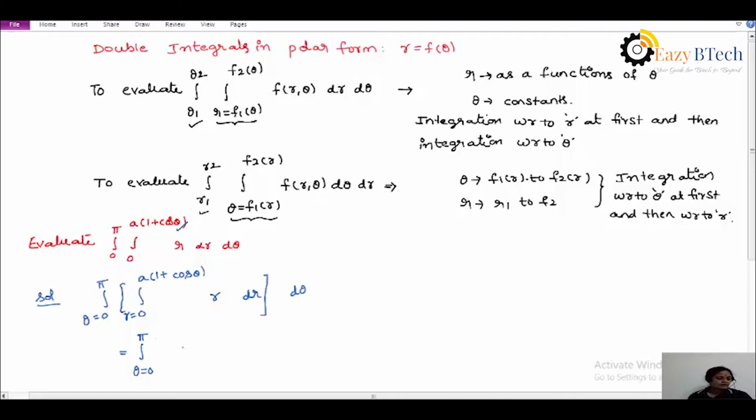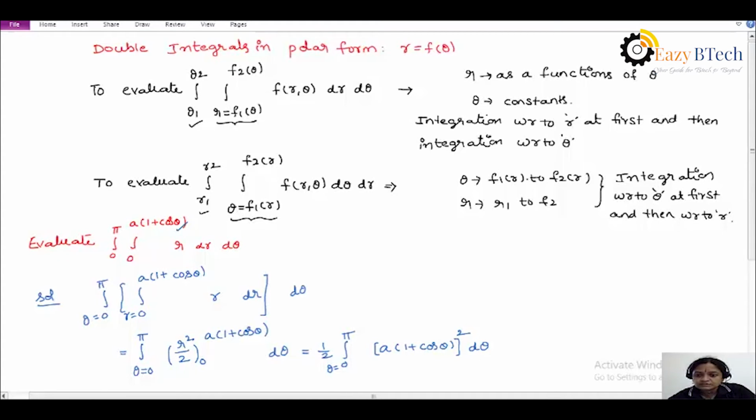So the integration of r with respect to r is r square by 2 within the limits 0 to a into 1 plus cos theta, and again d theta. Then making 1 by 2 common, theta from 0 to pi. In the place of r, substitute the upper limit, that is a into 1 plus cos theta whole square, d theta.